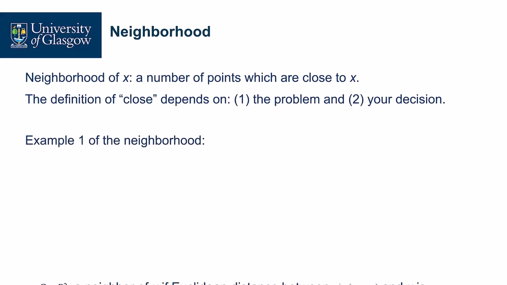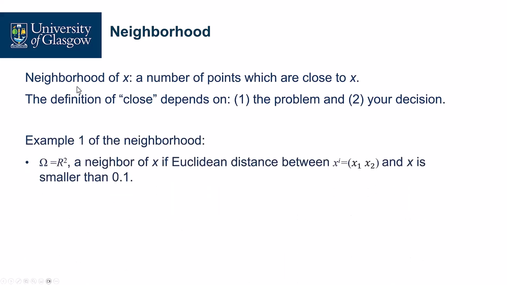Here we are in the real space, two-dimensional, and a neighbor of x I defined is that if the Euclidean distance between x and x_i, this vector, is smaller than 0.1.